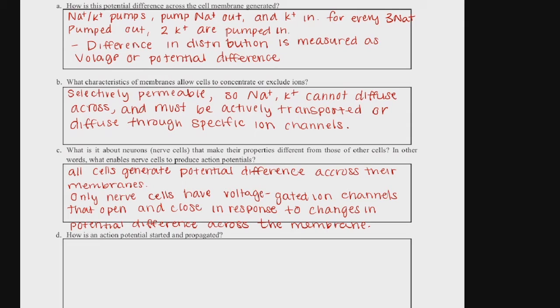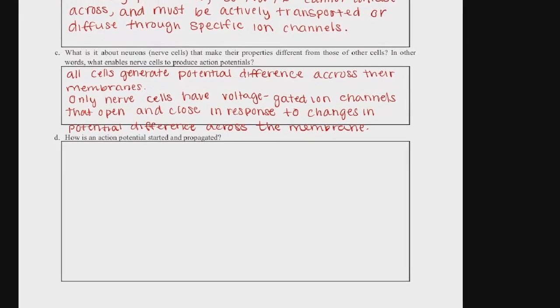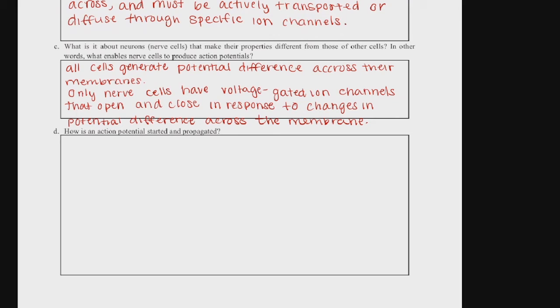Okay, D. How is an action potential started and propagated? There is a figure in your textbook that shows us more in depth, but I just want to let you know that the responses I'm writing down are at a single site on the axon.